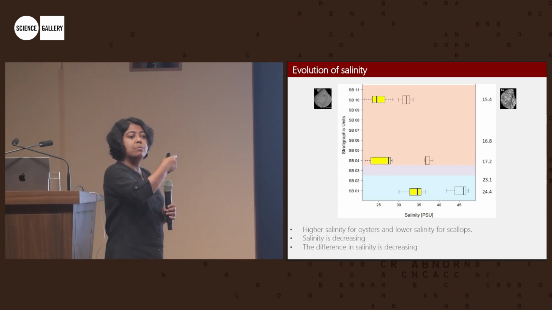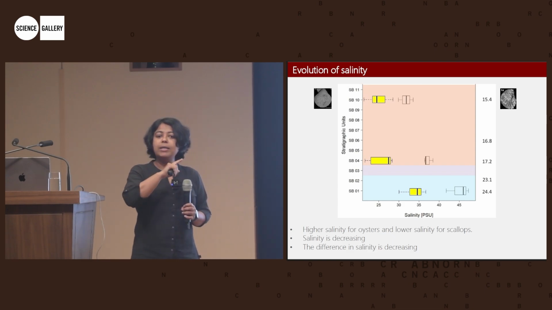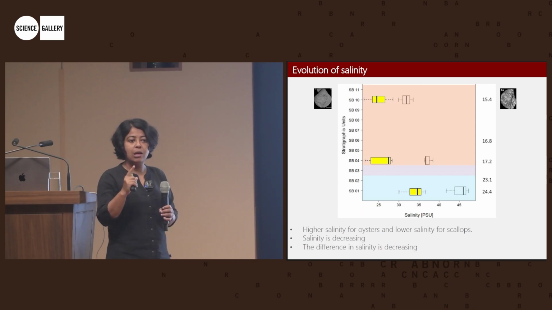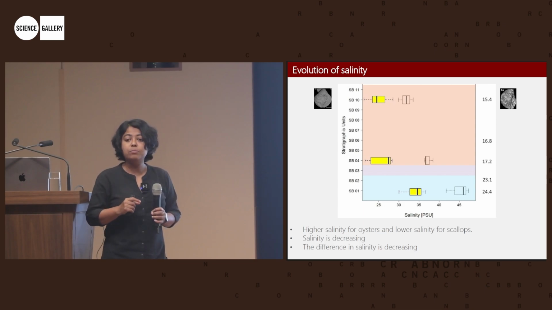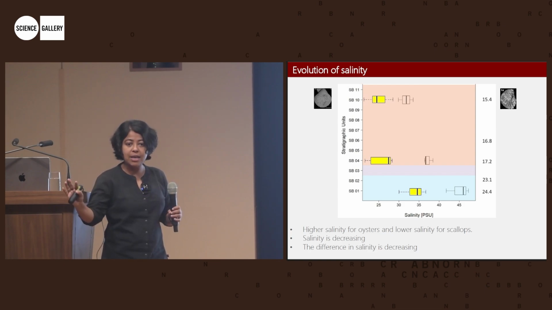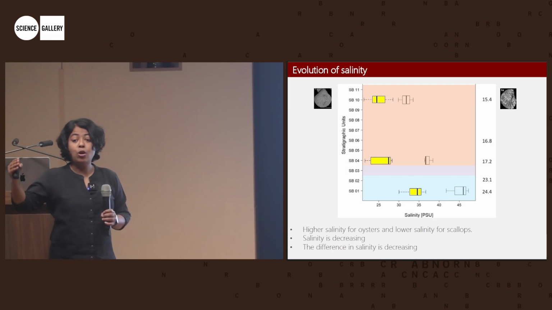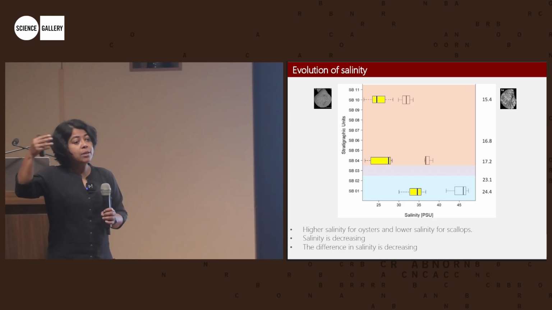Now, this helps us to solve the mystery. One mystery is why these animals are behaving differently. That mystery gets solved because one animal is living in the middle of the sea where the salinity is fantastic. The other animal is living in the coastal region where the water comes in. It is saline water, water comes in, but it cannot go back.